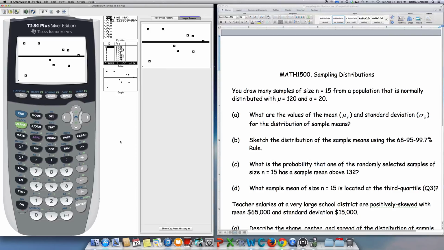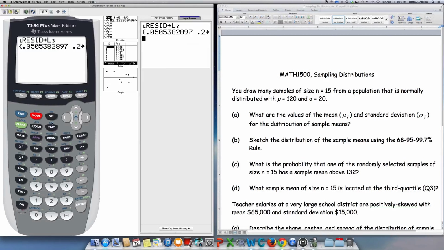Well, guys, obviously the mean is going to be 120, and the standard deviation will be 20 divided by the square root of 15.